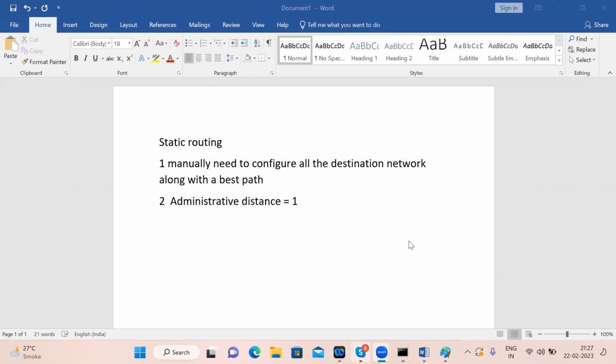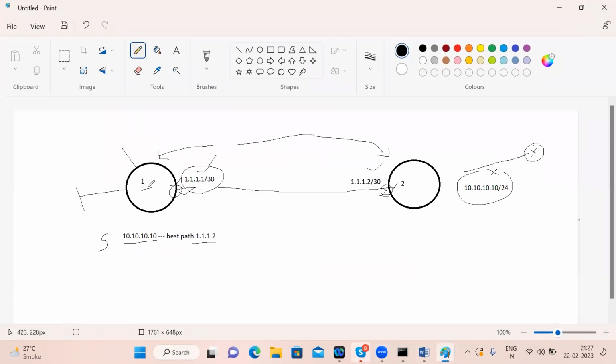For example, the administrative distance of static is 1, and the second one is a routing protocol, RIP. Let me show you. Suppose in this scenario you have configured a static routing protocol plus RIP. By default, the administrative distance of static routing is 1.